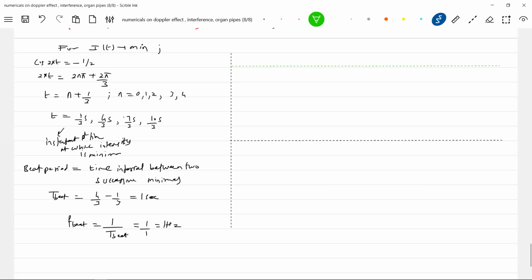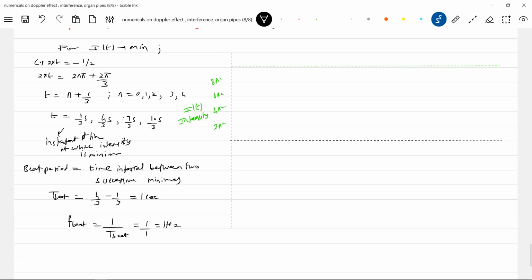Okay, what is the intensity? 2a square. Like 2a square, 4a square, 6a square, 8a square. These are the intervals of time.